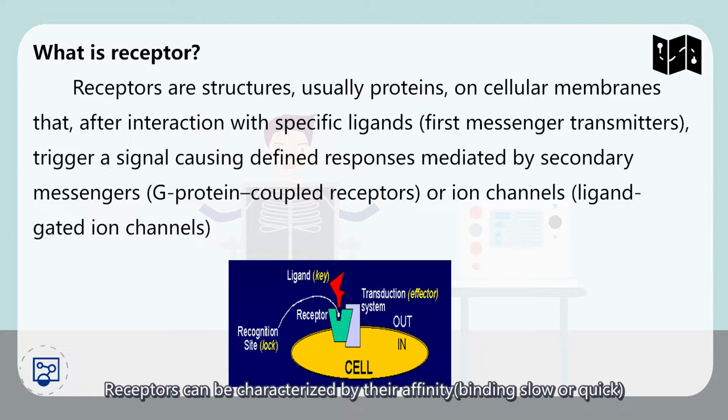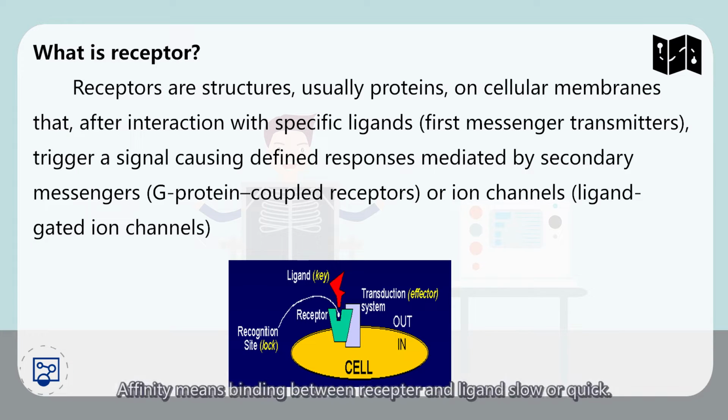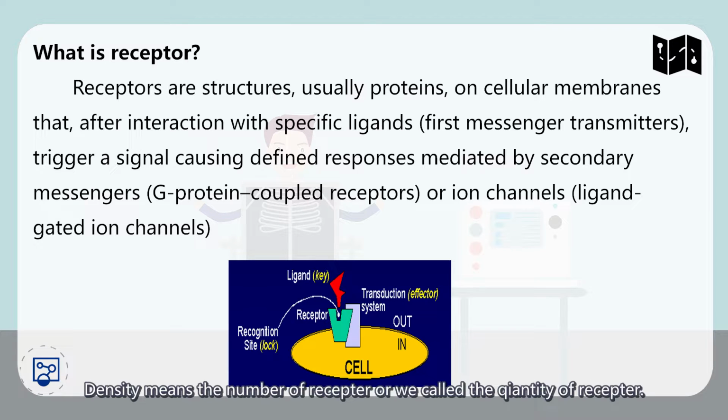Receptors can be characterized by their affinity and density. Affinity means whether binding between receptor and ligand is slow or quick. Density means the number of receptors, or we call it the quantity of the receptors.